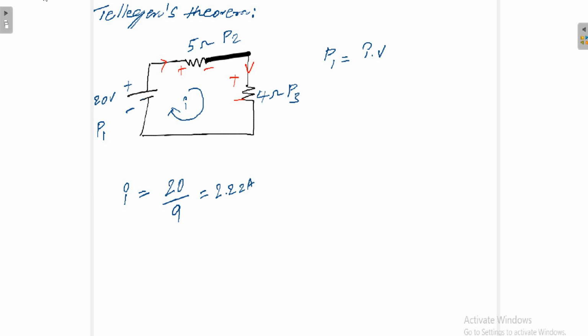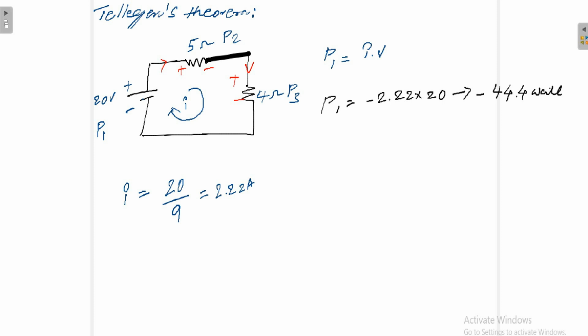Let us substitute here. P1 is equal to I into V. It is entering the negative terminal, so minus 2.22 into 20 volts. How much will you get? 20 into 2.22 gives minus 44.4 watts.